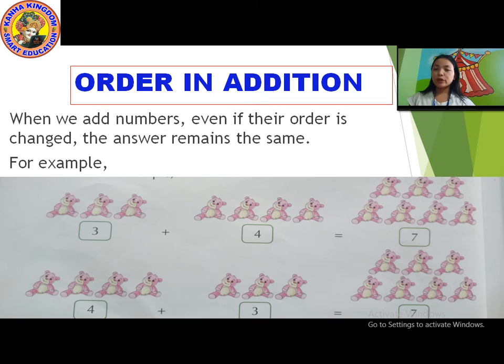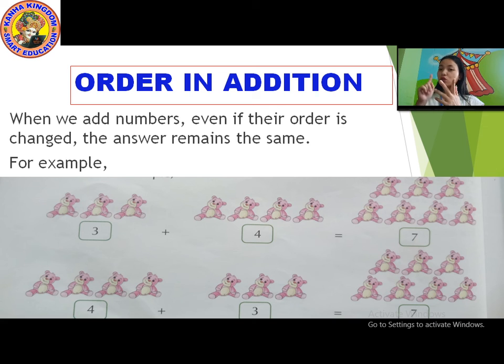That means when you are adding numbers and you change their order, for example, the first time you are adding 4 plus 1, that 4 plus 1 is equal to 5, right? So first you put 4, and after that you put 1.